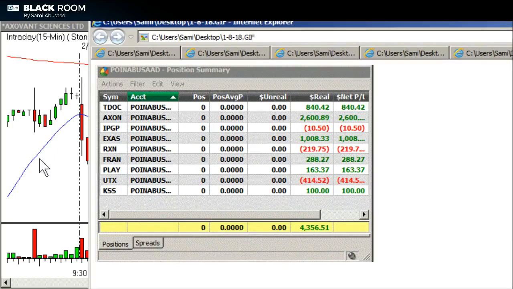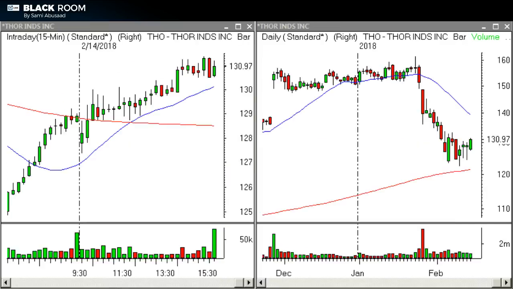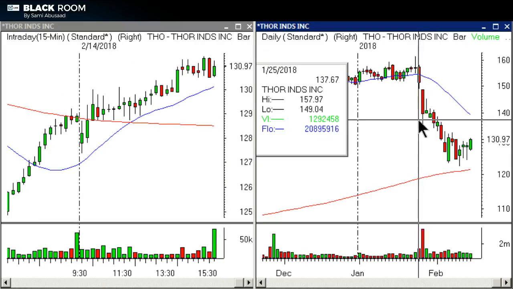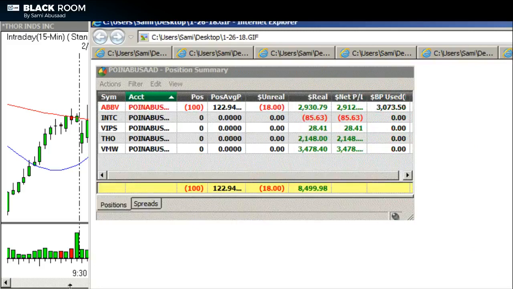In fact, my biggest day last month was on the 26th, and I had THO. It wasn't my biggest trade that day, but it was also off of the level 2. So let me just grab the PNL for the 26th. Yeah, the 26th, THO.